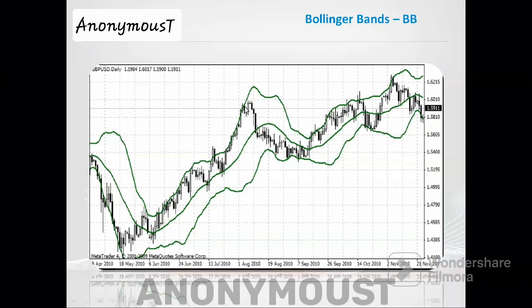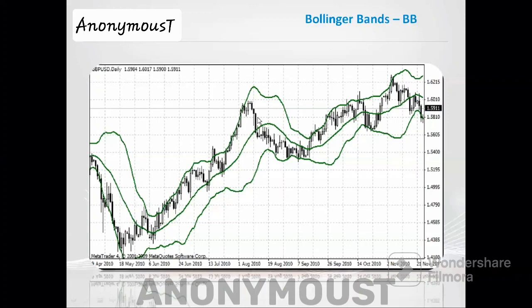So here it is facing resistance, and now this is a sell call from here. You can take a sell call anywhere here because everywhere it is hitting the resistance line. So whenever you see the price hitting the upper band of the Bollinger, you know that this is going to be a sell trend.